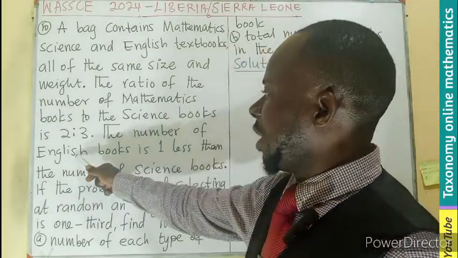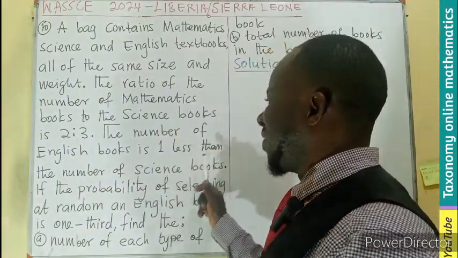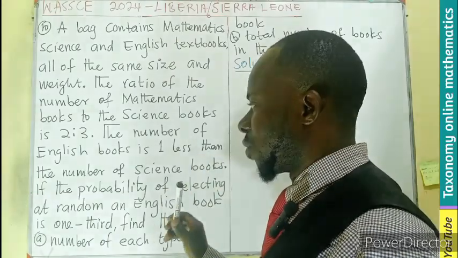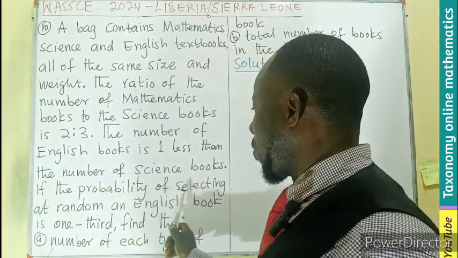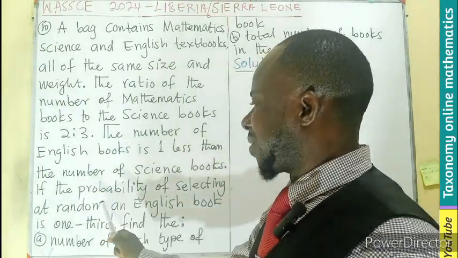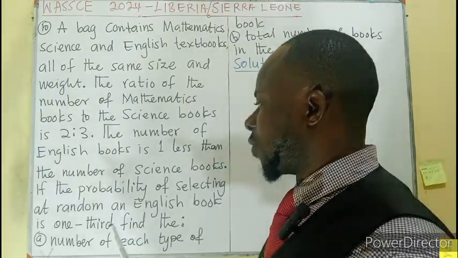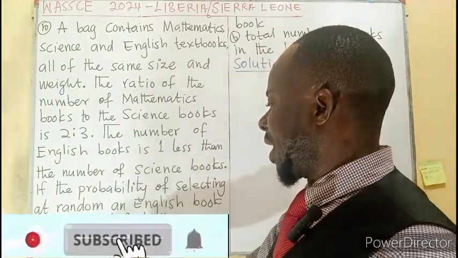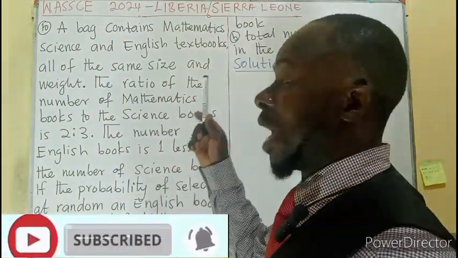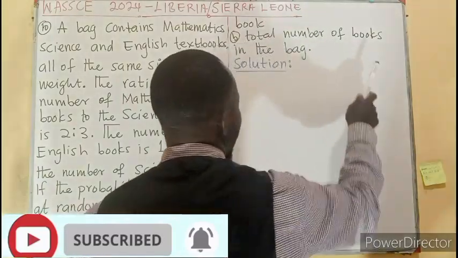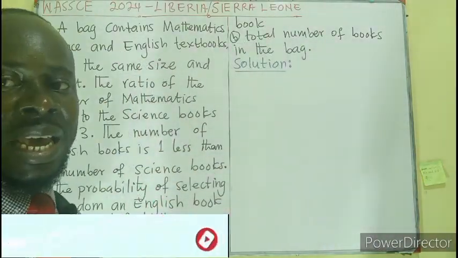The number of English books is 1 less than the number of science books. So if the probability of selecting at random an English book is 1/3, we have to find the number of each type of book, then find the total number of books that are in the bag.